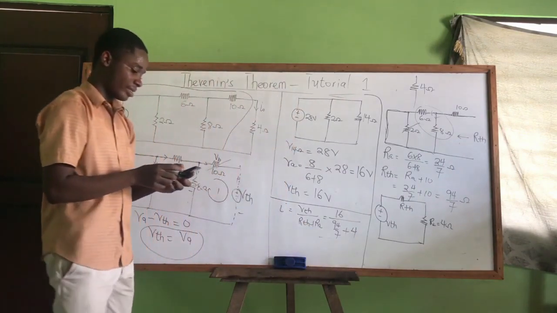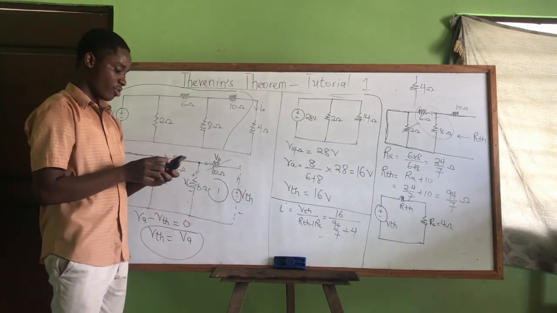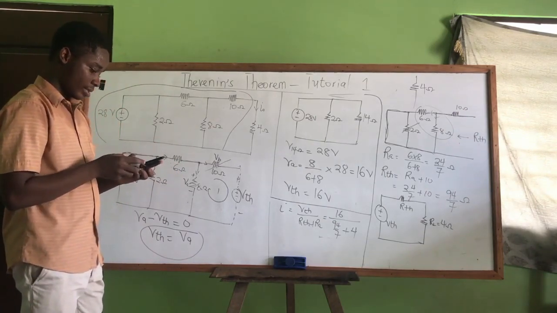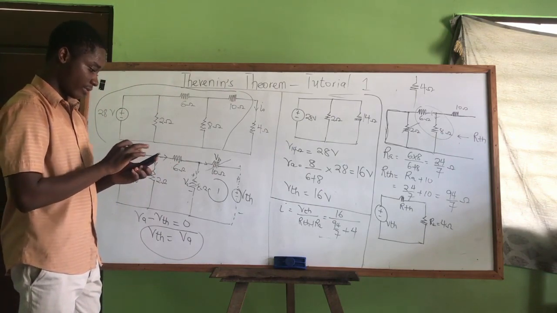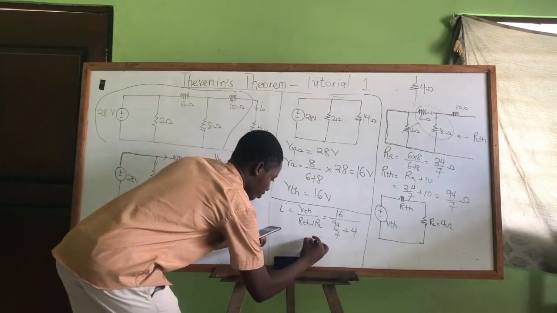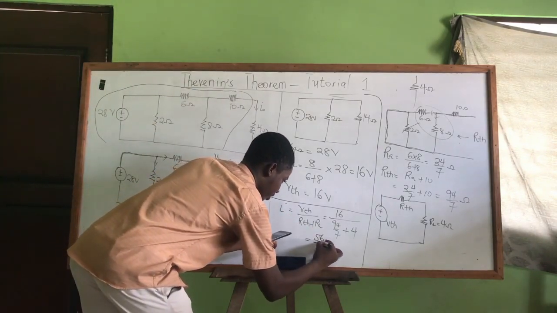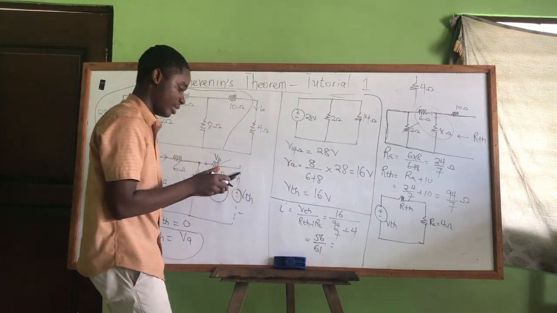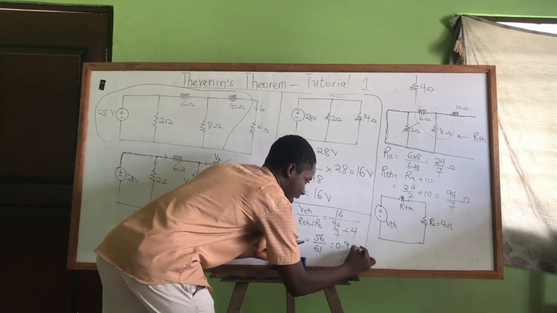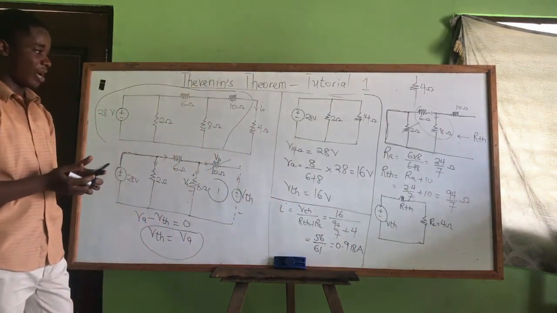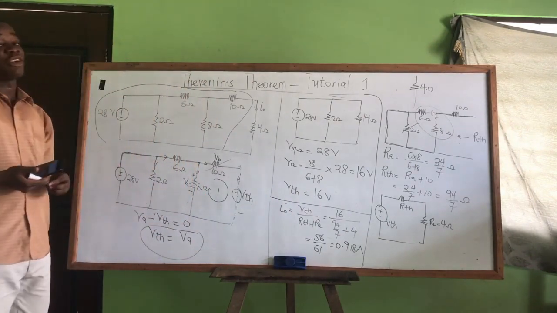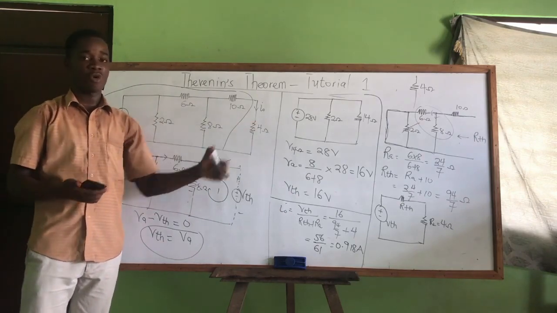So it means our current here is equal to, let's punch it together, 16 over 94 on 7 plus 4, which is equal to 56 on 61, and that one is equal to 0.918 amperes. 0.918 amperes to be what? Our I naught. So we've used the Thevenin's theorem to calculate the current for the load resistor 4 ohms.